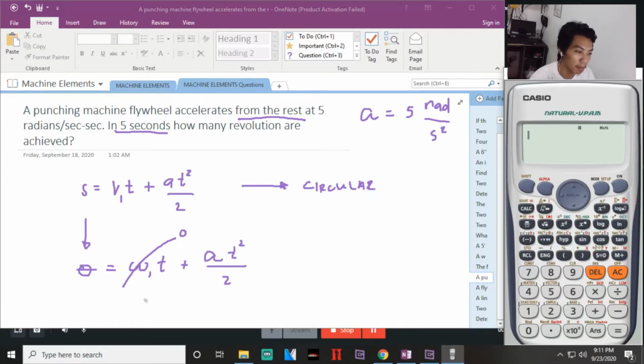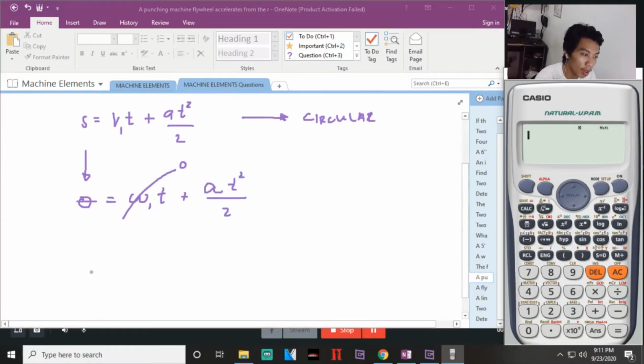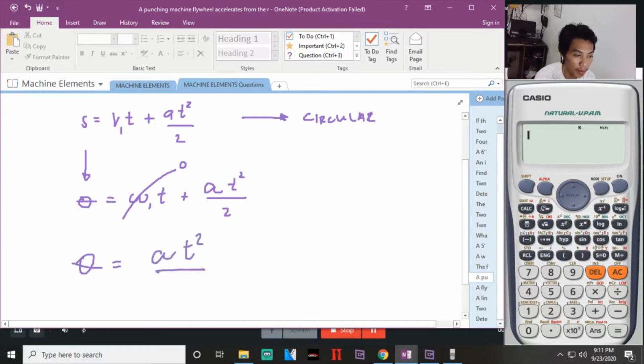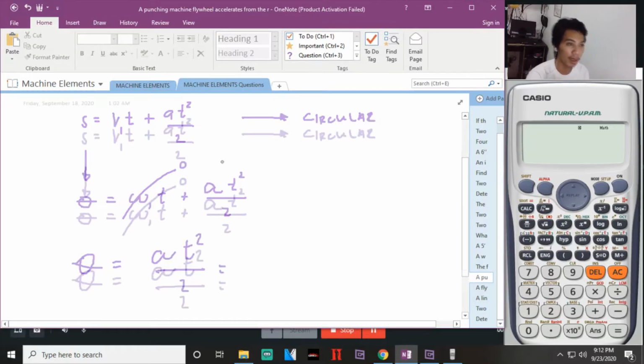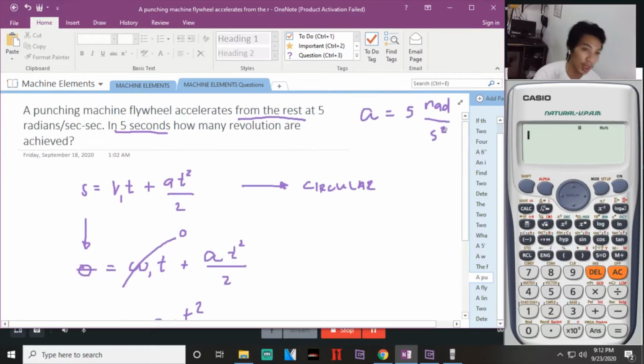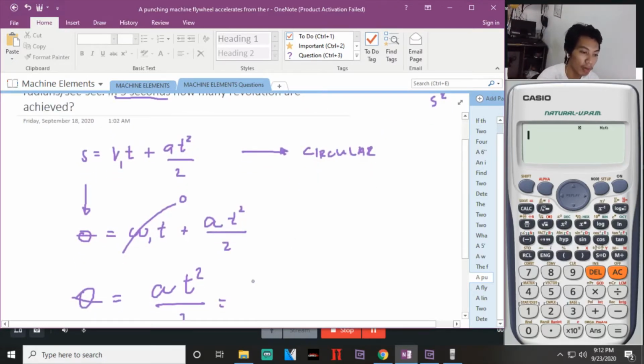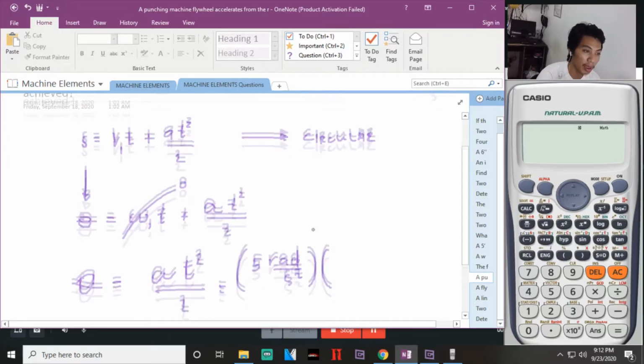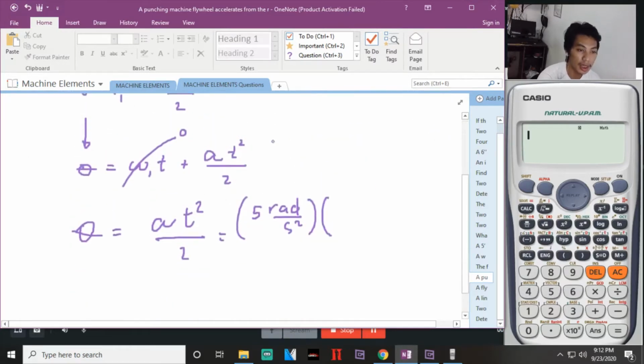Okay, ilabas natin yung ating calculator. Ang natira is theta equals alpha t squared over 2. Ang hinahanap, in revolution, pero naka-radian yan. So, ilagay muna natin dito, 5 radians per second squared, multiply with the time, that is 5 seconds, square natin, divide by 2.